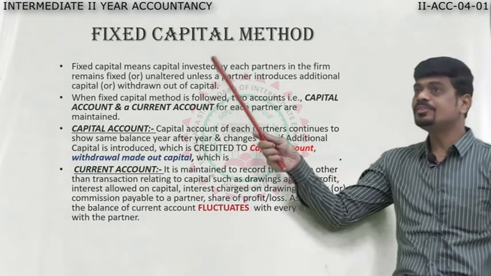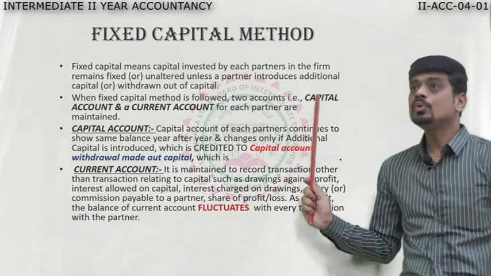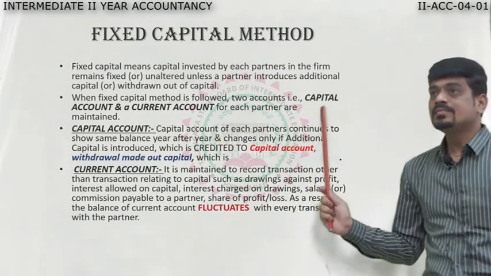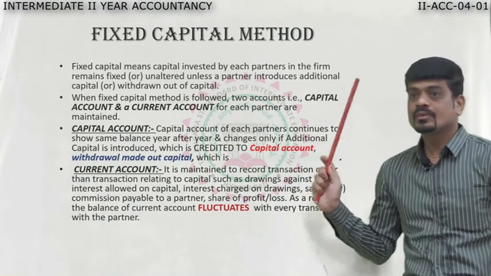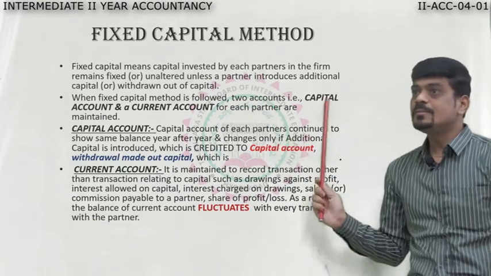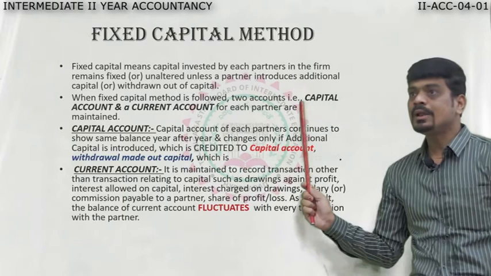Like that, in fixed capital method, we are going to maintain two accounts. One is capital account and the other is current account. Under the fixed method, we maintain capital account and current account. What do we do in capital account then?